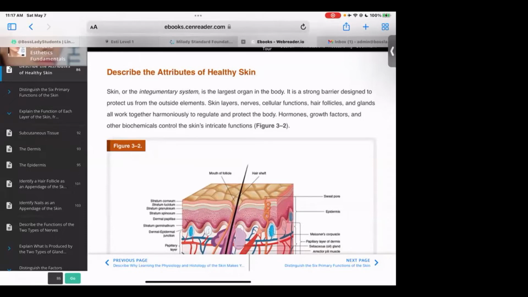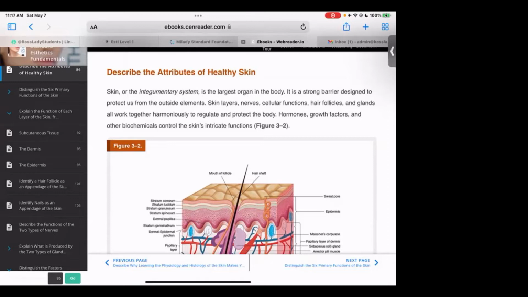So the reason we have skin is not for vanity. The reason we have skin is so that it can perform its natural functions and work harmoniously with the body to not only regulate things like temperature, sweat production, releasing, but also to protect the body from outside influences like UV radiation, heat, all kinds of things.